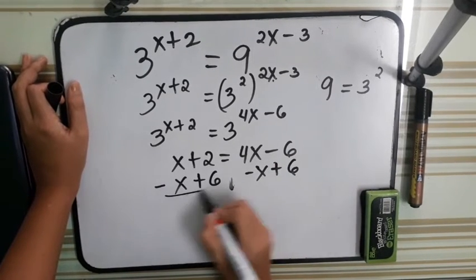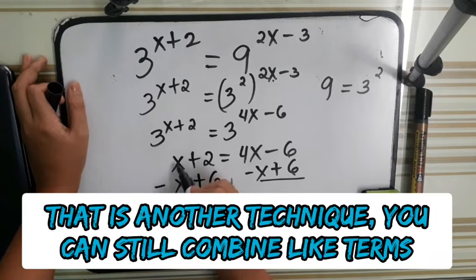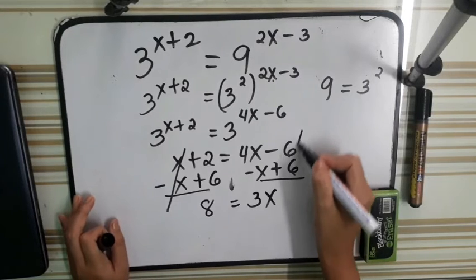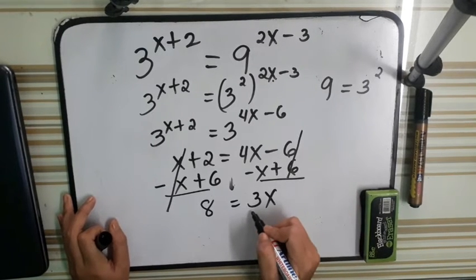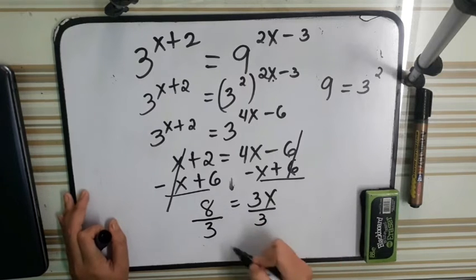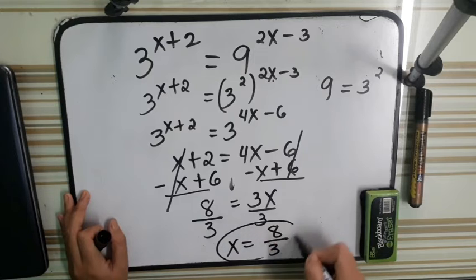So the answer is: negative x minus x is cancelled. 2 plus 6 is equal to 8. 4x minus x is equal to 3x. Then negative 6 plus 6 is 0. So we cancel. Now let's simplify. Divide both sides by 3. So the answer is x is equal to 8/3.